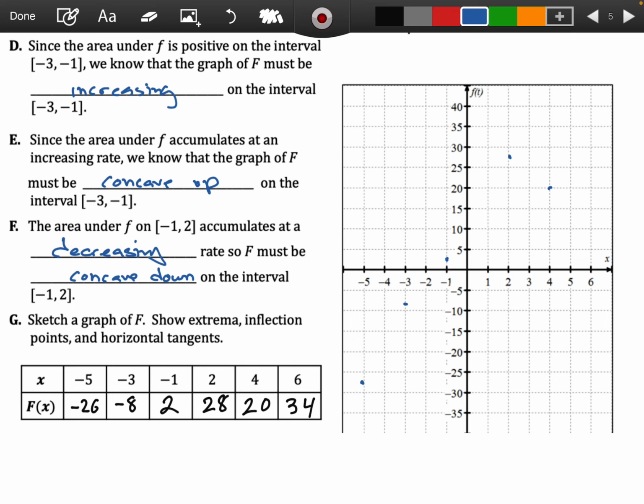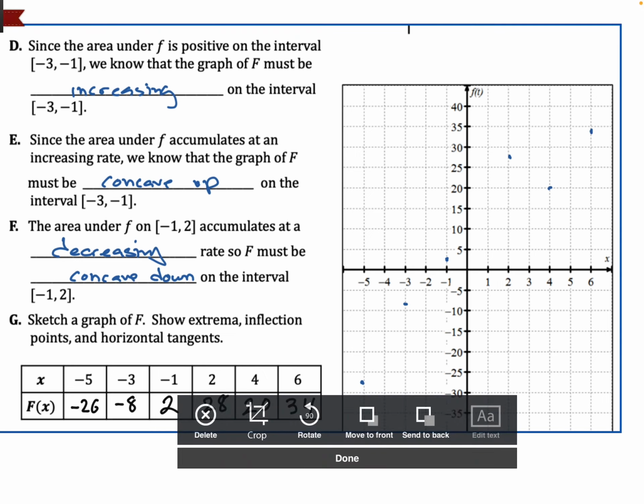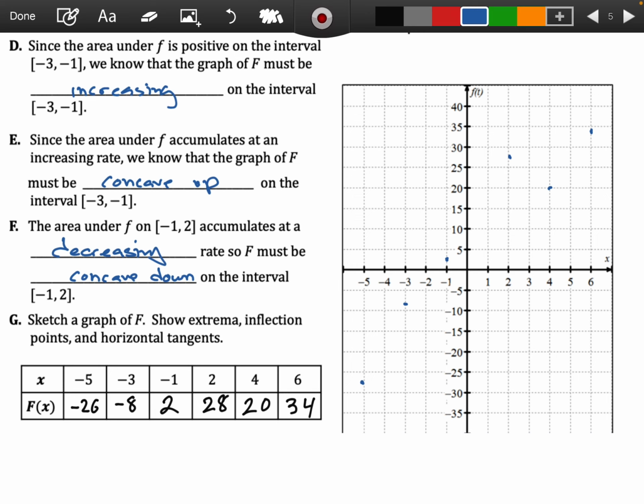But the whole point is, by looking at the area under the curve, we could figure out what kind of function we're going to have, right? Thinking about it as the antiderivative. And I'm trying my best. It's a little hard to do on the tablet. Okay, that's not what I wanted. Why would it make that a straight line? There you go. So that's what we get from this graph.